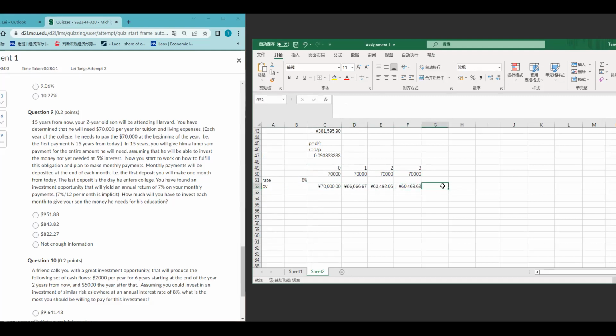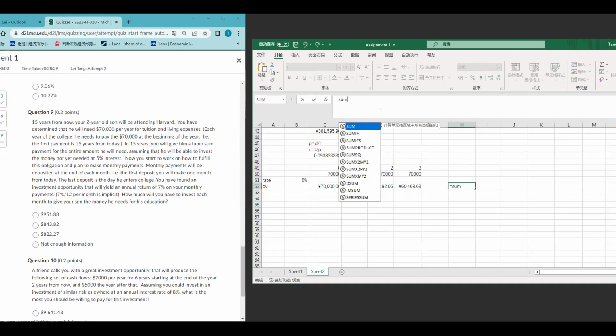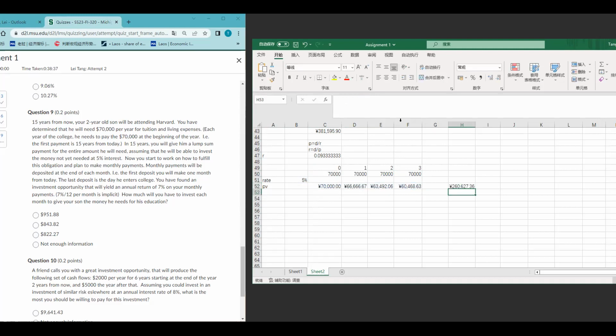So we use the sum function for those 4-year tuition.